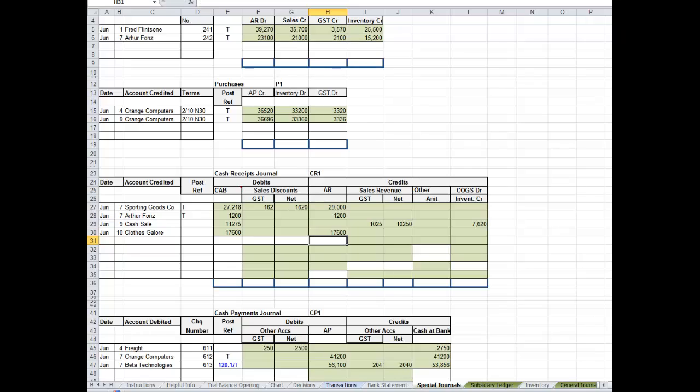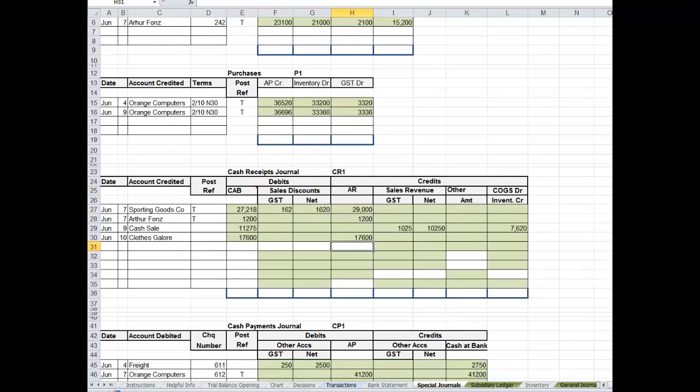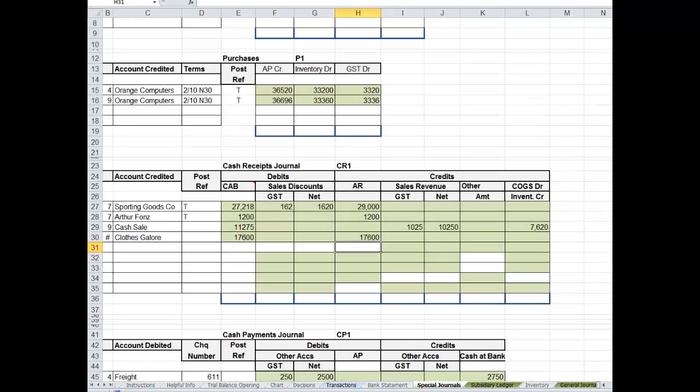So this was a reasonably straightforward entry. We see both of those items went green when we put them in. Now, because I've blown this up too much, that 10 is not clear. But now we need to go and post these to the subsidiary ledger.